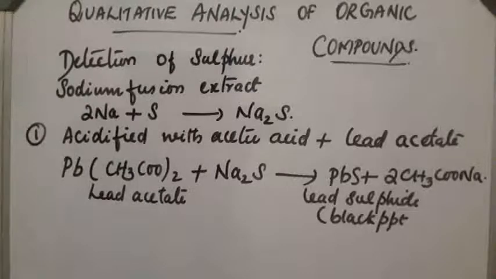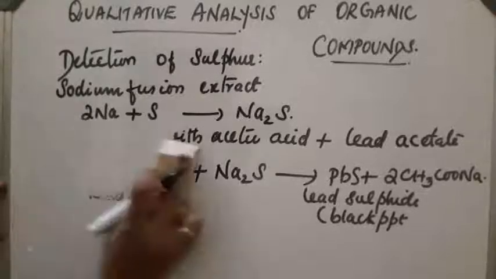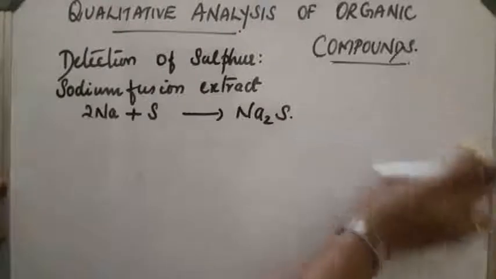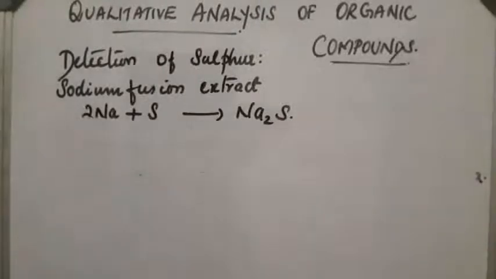Next, to a portion of the extract we add sodium nitroprusside. A violet coloration is obtained, which shows the presence of sulfur.